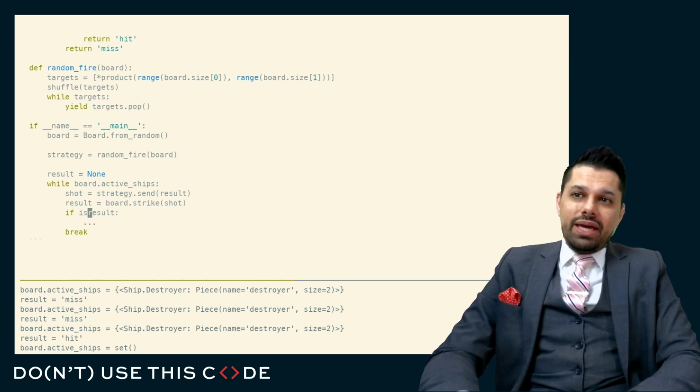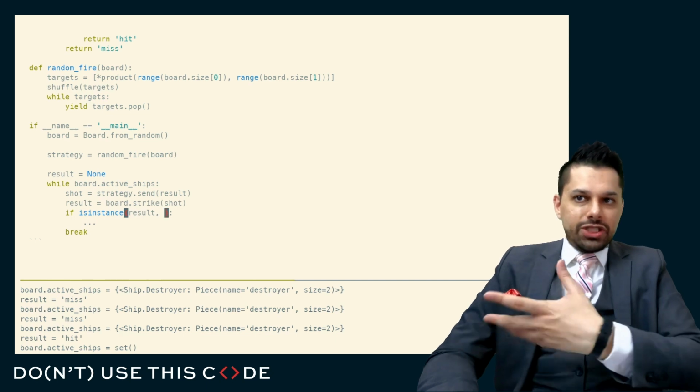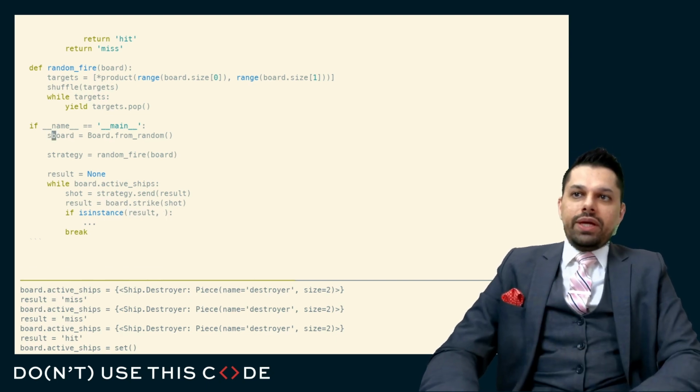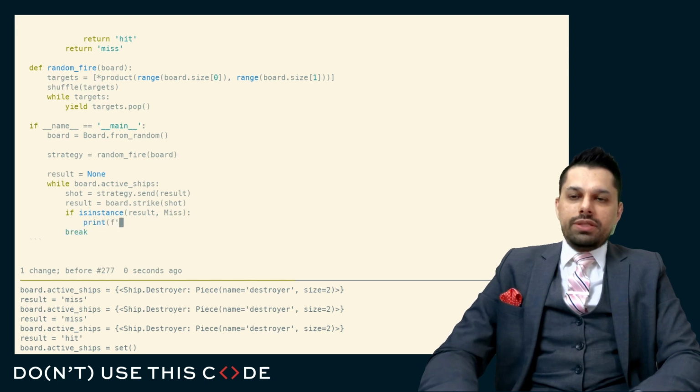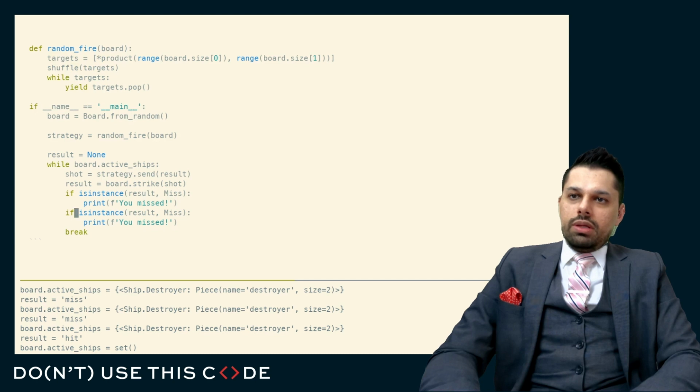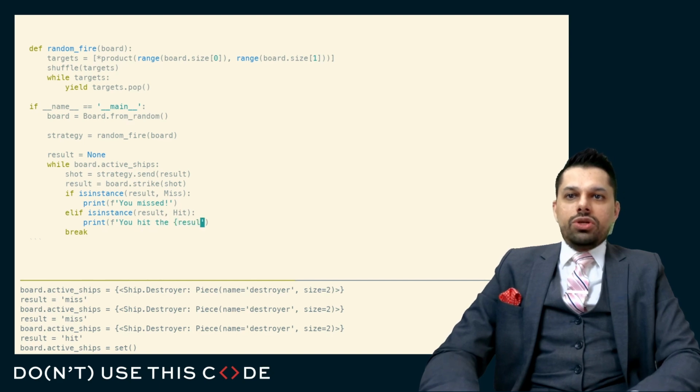This may be a case where it might be very fluent for me to actually just use isinstance. So I could say something like isinstance miss, and then here I say you missed. Or if this thing is a hit, I say you hit. And I can even say you hit the result.ship.